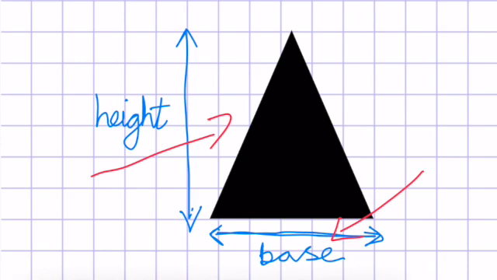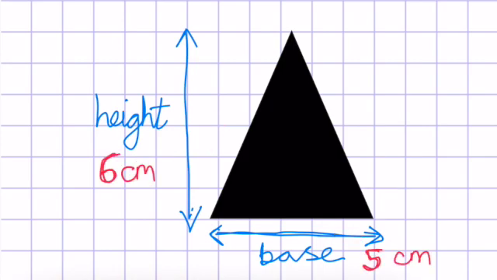So that's from the base going upwards. We call that the height. So today for this lesson, you need to know that vocabulary. The base of a triangle, the height of a triangle. Now, this particular triangle, the height is 6 centimetres and the base is 5 centimetres.